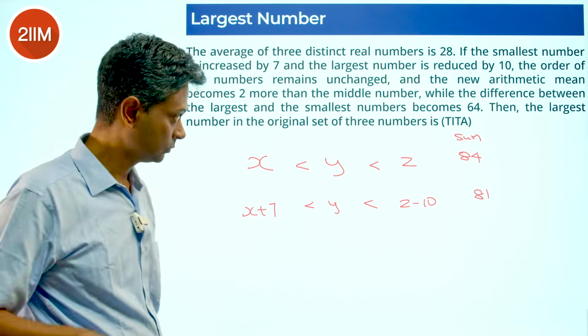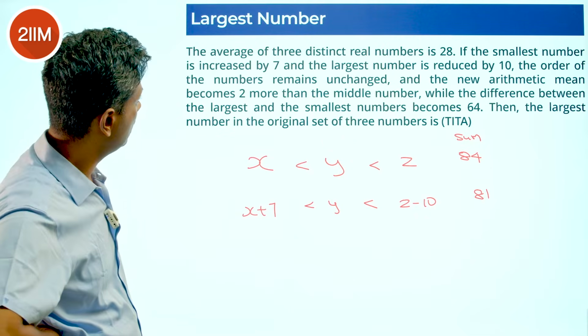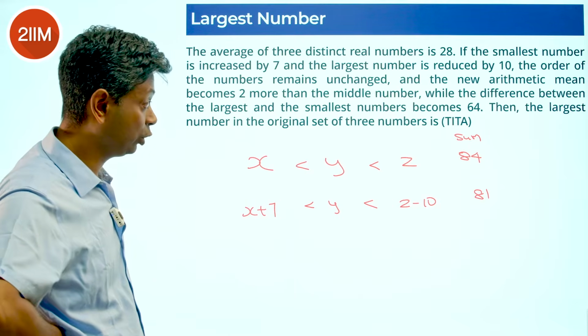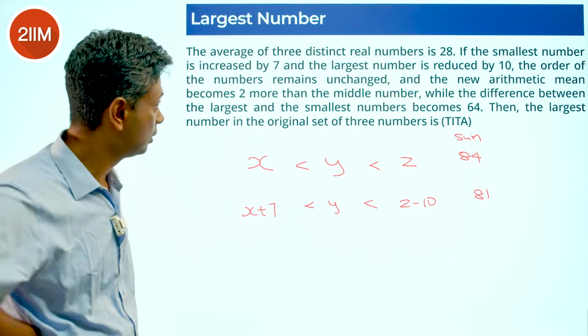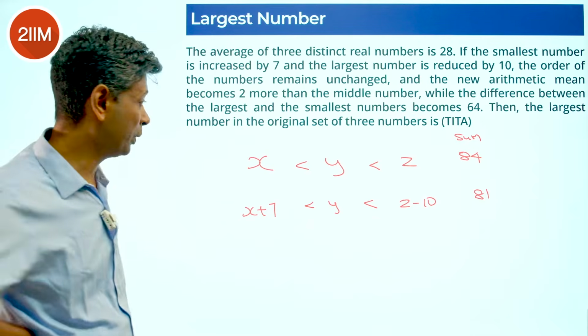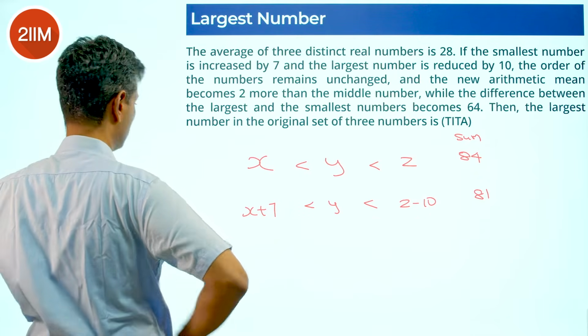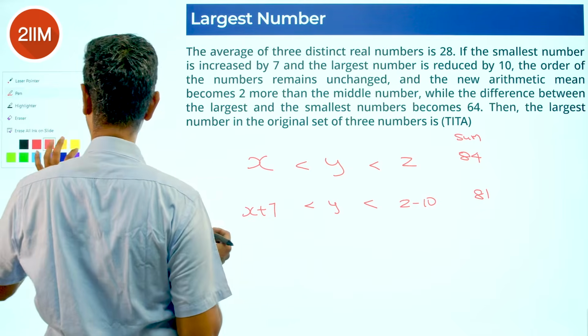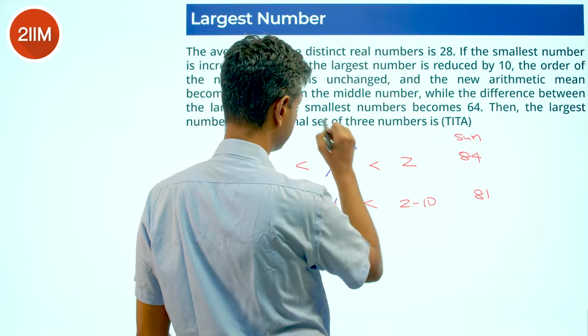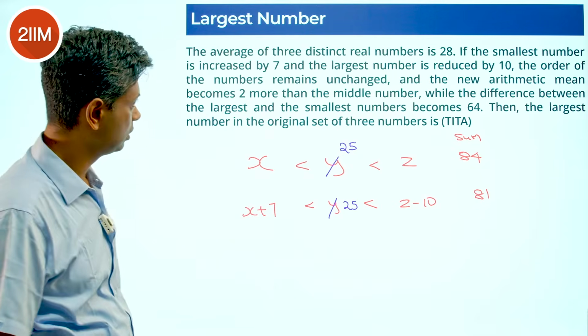The new arithmetic mean is 27, becomes 2 more than the middle number. The middle number is 25. I'm going to say, hey, instead of having a y, I'll call this 25. Nice.